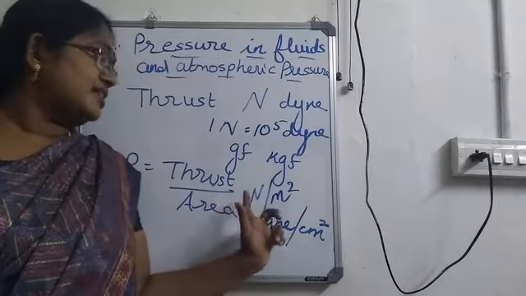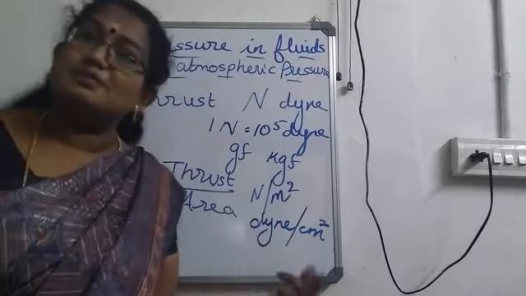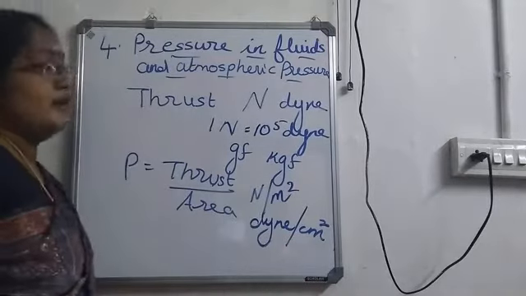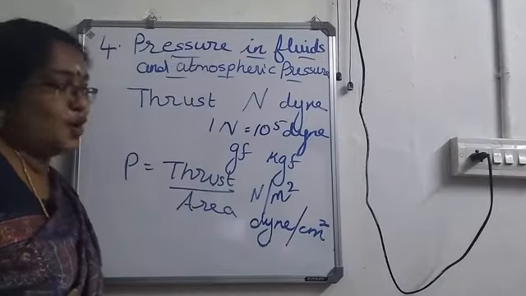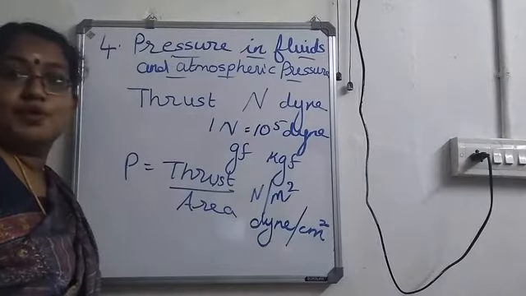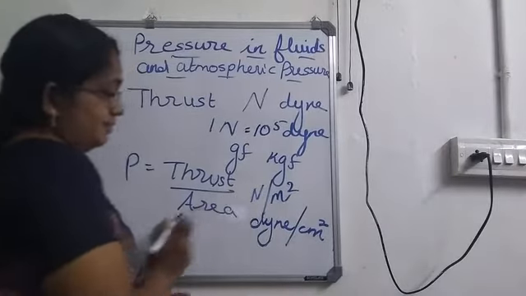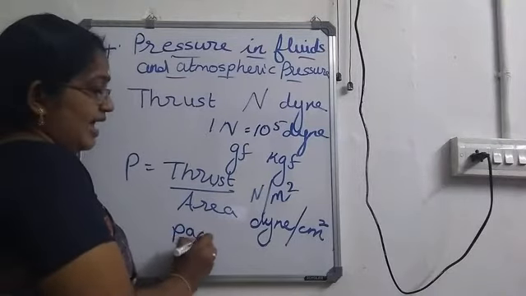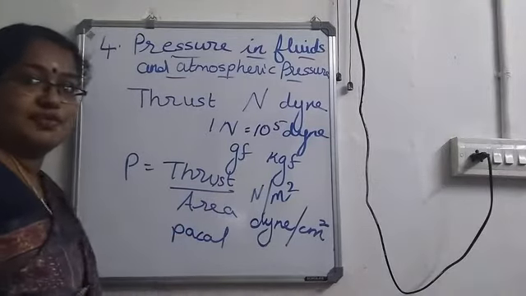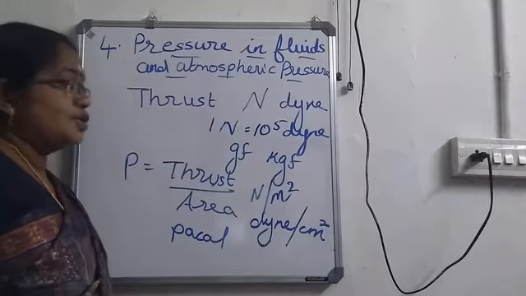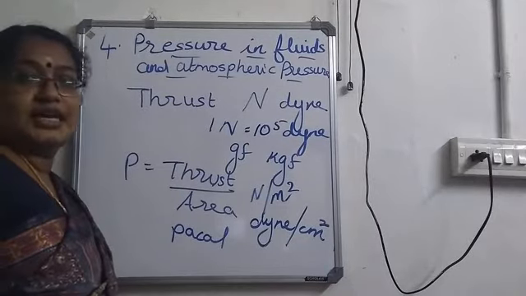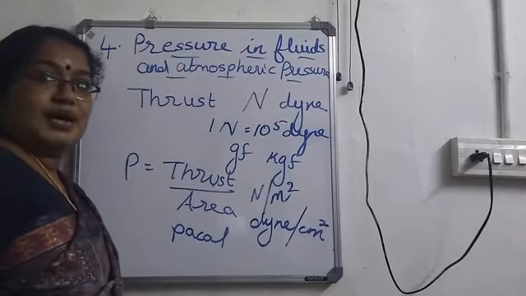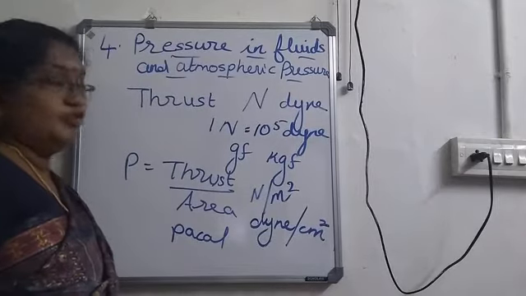This Newton per meter square is known as Pascal, the name of a scientist. So instead of Newton per meter square, normally we say pressure in Pascal.